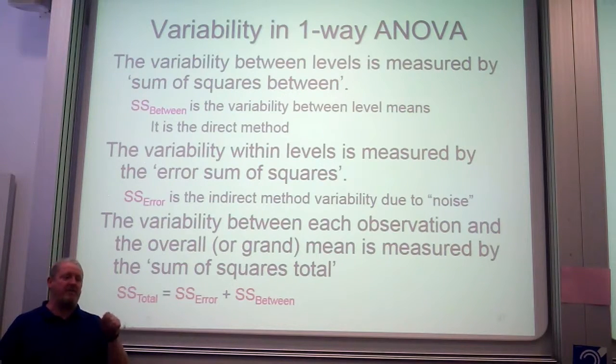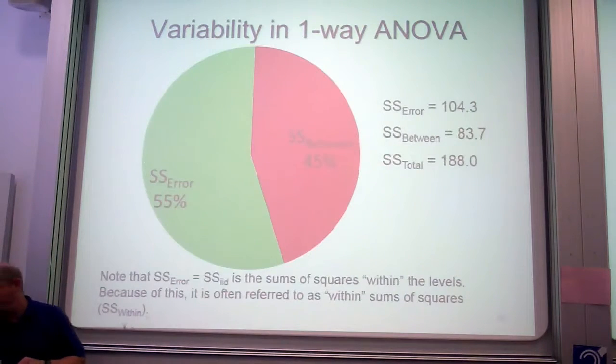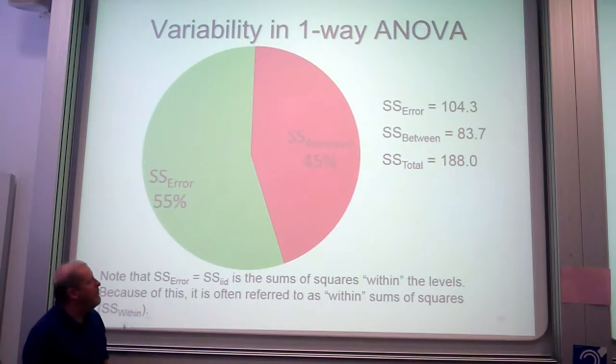You don't need to do that, but that was in the days when everything was done by hand. Any step that you didn't have to do by a calculator, but could look up on a table, you did. Nowadays, we convert these sums of squares into their variance measures and get the ratios.